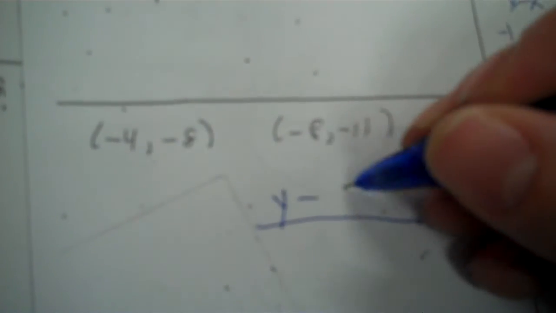Okay, negative 4, negative 8, negative 8, negative 11. So m, b. m I don't know, so I apply y minus y over x minus x. So x, y, x, y.